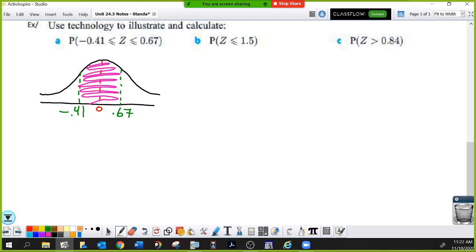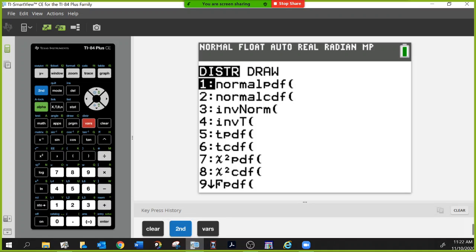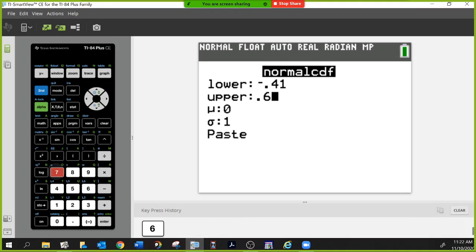So let's go to the calculator. It's still normal CDF. So second vars, normal CDF. We're going between negative 0.41, so that'll be our lower bound, and our upper bound is 0.67.